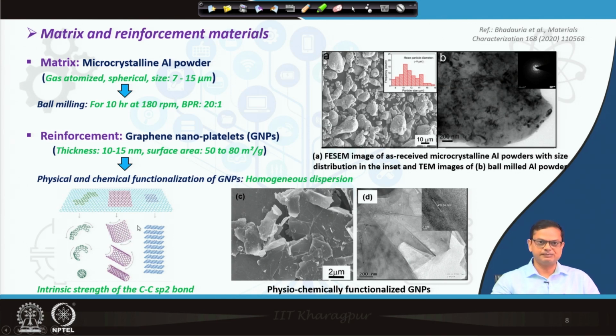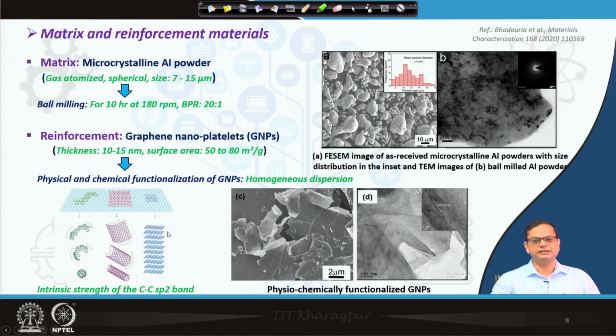Graphene nanoparticles are basically these graphene sheets, as you can see here. You can use this graphene sheet to make different kinds of allotropes like carbon nanotubes, like buckyballs or fullerene. Similarly, graphene nanoplatelets are basically few layers of graphene where the layer thickness is in the nanometer range.